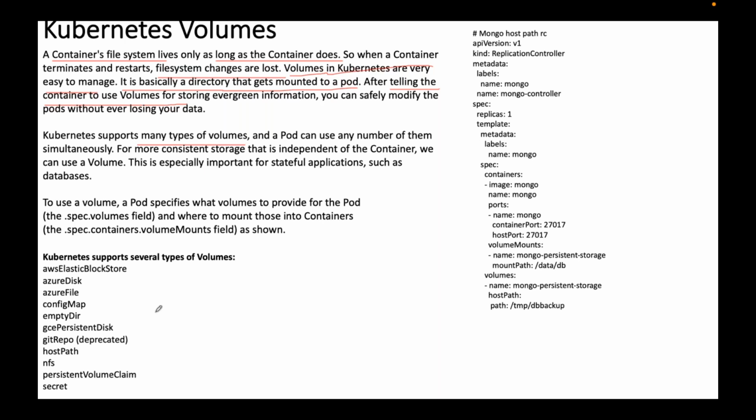So Kubernetes supports many types of volumes like this: host path volume, EBS volume, NFS volume, config map volume, secret volumes. So Kubernetes supports different types of volumes based on the infrastructure. Suppose I am running my Kubernetes cluster in Azure cloud, AKS, can I use these types of volumes, Azure disk, Azure file, if it is an Azure Kubernetes cluster?